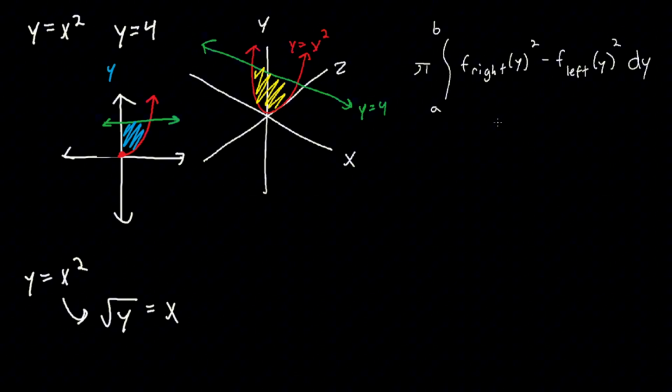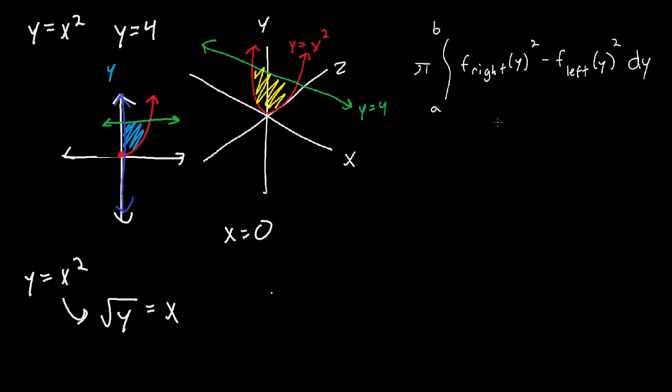This is the function for the square root of y. Now, how about the left bound? The left bound is simply x equals 0. It's a straight line at the y-axis, and this is the left bound of this region.